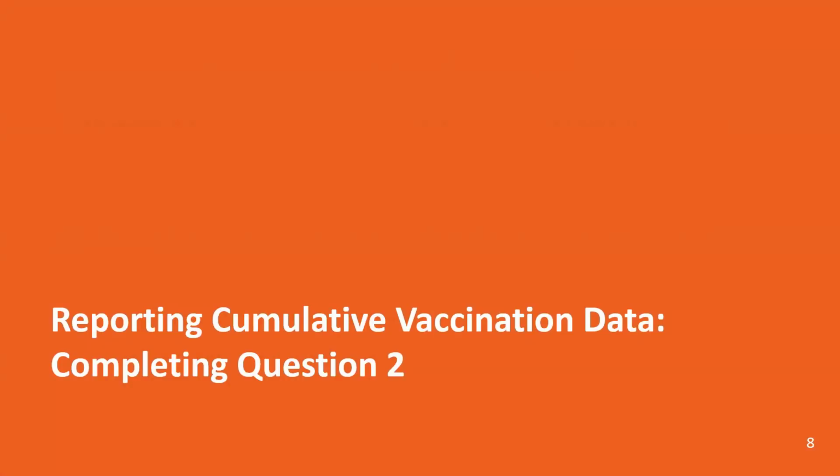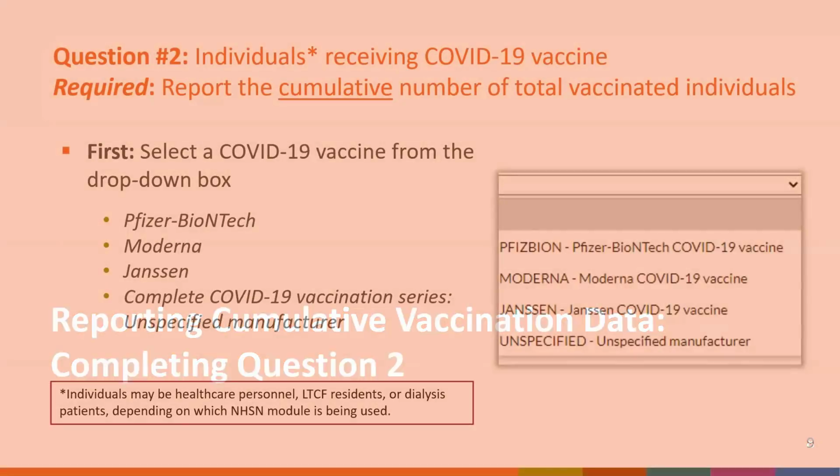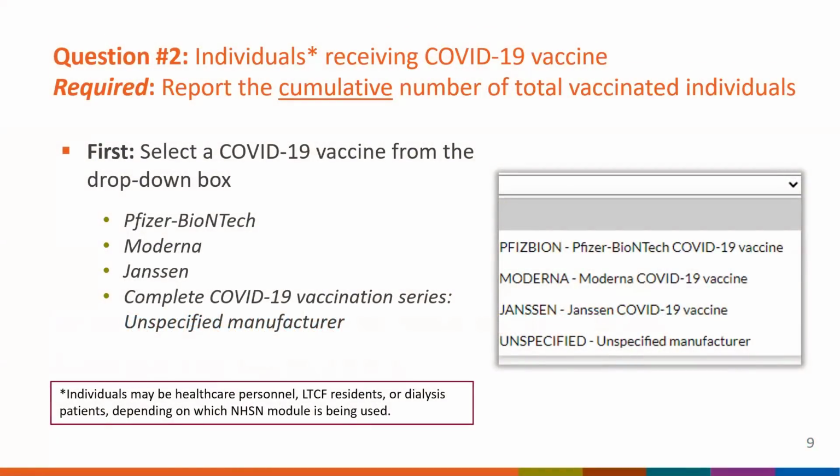Now that we have defined cumulative data, we will review how to complete question number 2 of the NHSN COVID-19 vaccination modules. For question 2, facilities will report on the cumulative number of total vaccinated individuals.